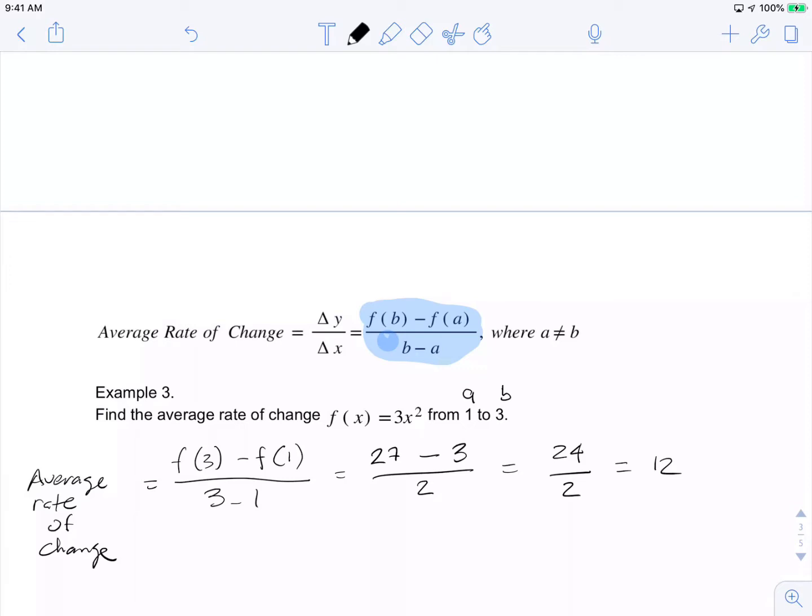So the way that this function is moving from the point 3, 27 and 1, 3, the average rate of change there, or the slope, is 12.